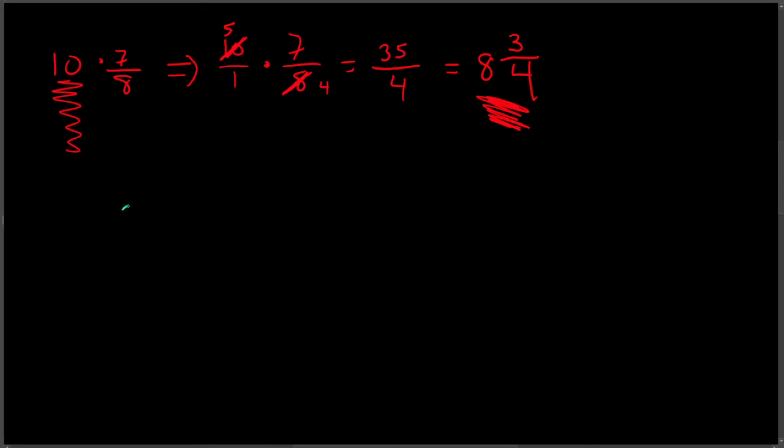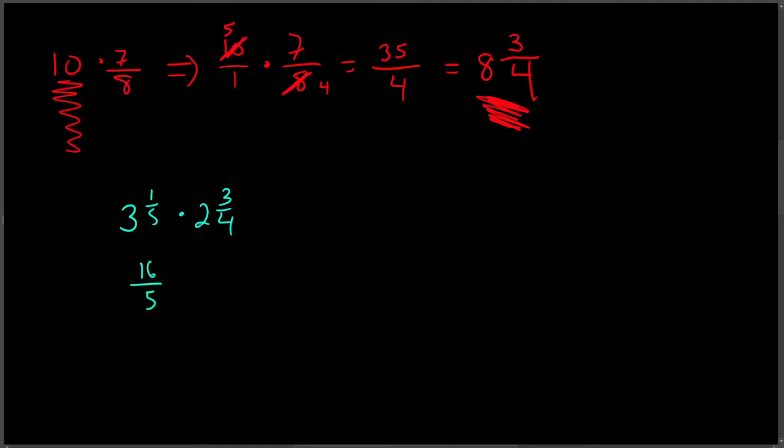Let's look at another example. Take 3 and 1/5 and multiply it by 2 and 3/4. So I have something slightly bigger than 3 multiplying by something almost 3. So I'm going to be somewhere between 8 and 9 if I just go by feel. But let's make it exact. So I'm going to turn this into an improper fraction. 5 times 3 plus 1 is 16/5.